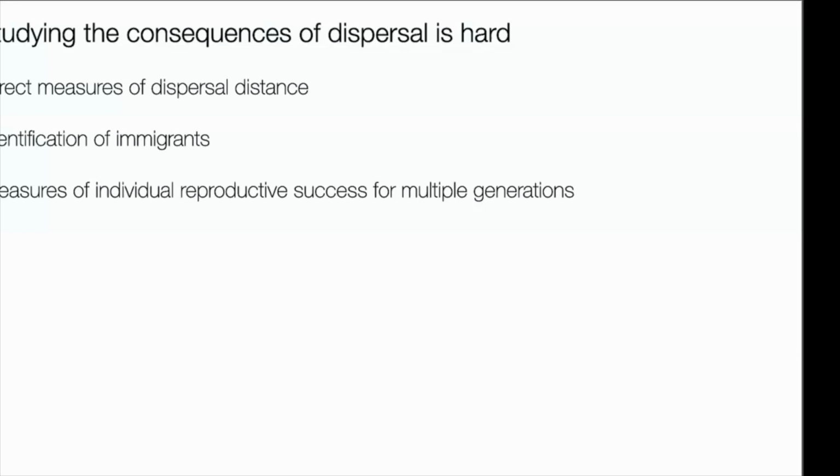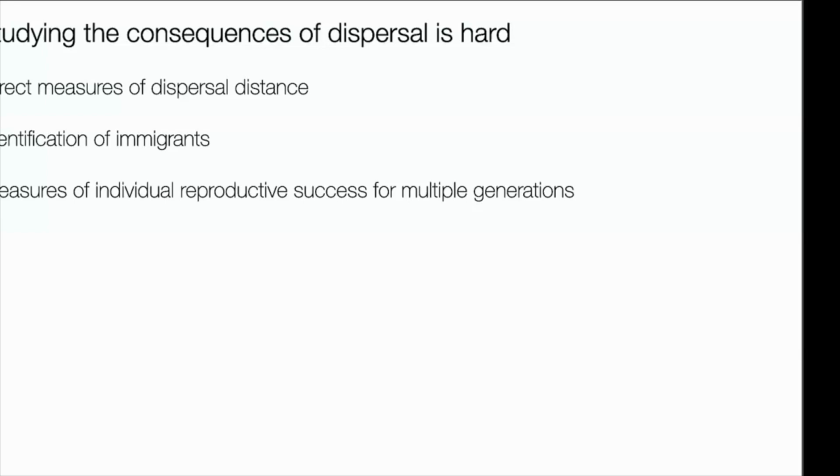Ideally, you would want direct measures of dispersal distance, which is very rare in nature. A lot of folks use population genetic inference to try to infer dispersal between populations, ideally hand in hand with direct measures of dispersal distance.